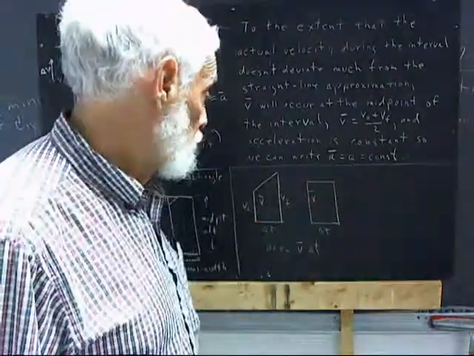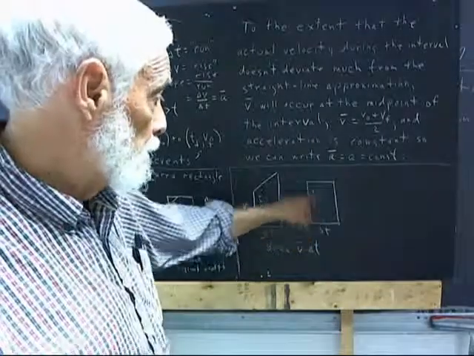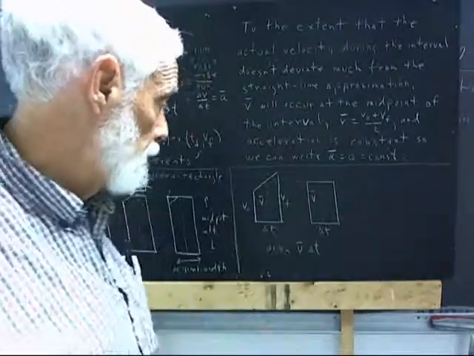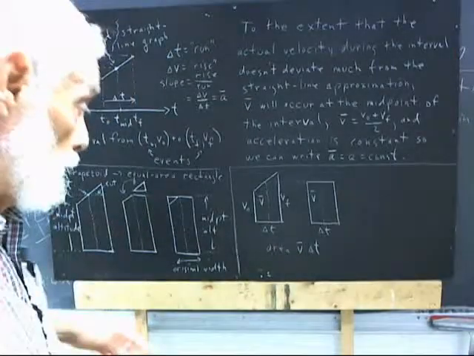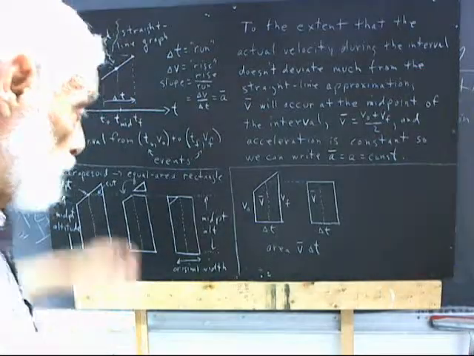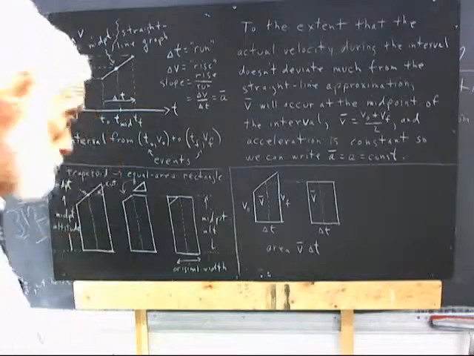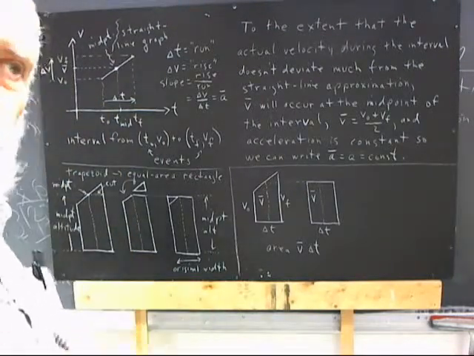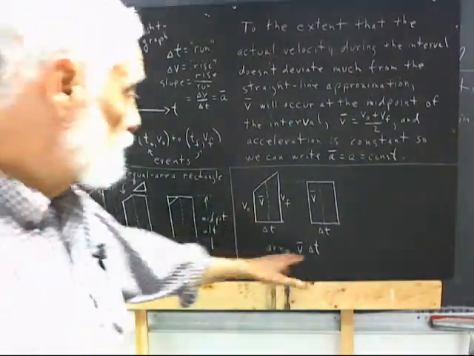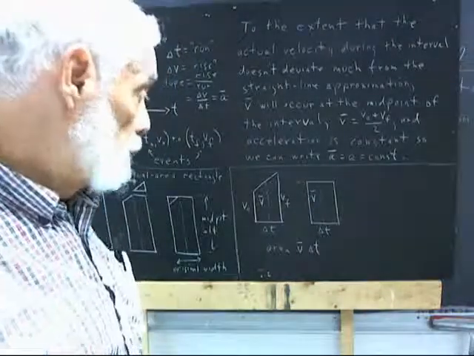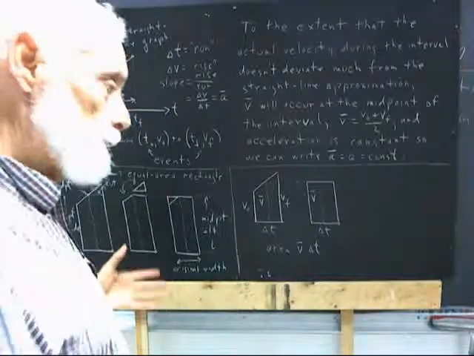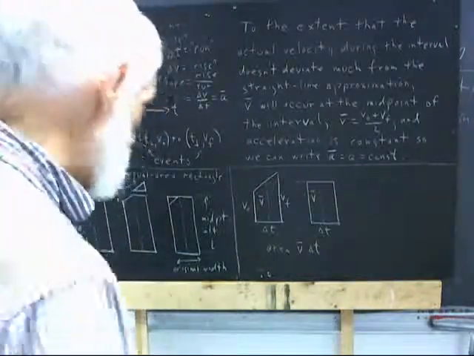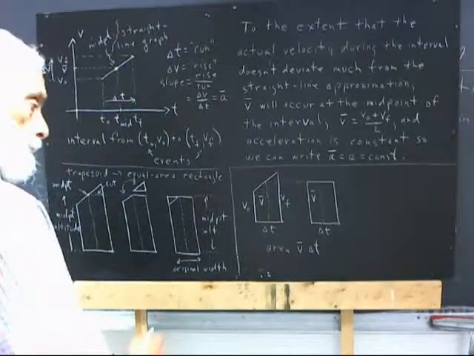When we rearrange the rectangle, we have a rectangle whose altitude is V bar, whose width is delta t, whose area is therefore V bar delta t. Now the question is, what does V bar delta t mean? Well, we go back to the definition of rate of change. Now you might know perfectly well what V bar delta t is, but if you can't connect it to the definition of rate of change, I'm going to assert that it's important to be able to do that.